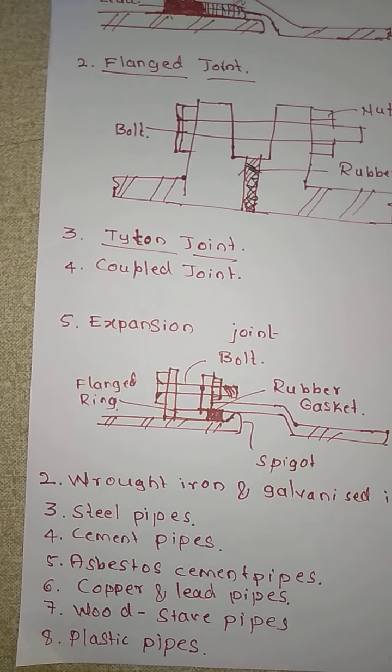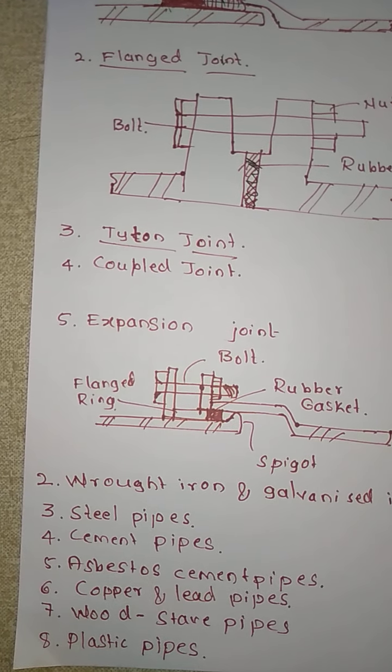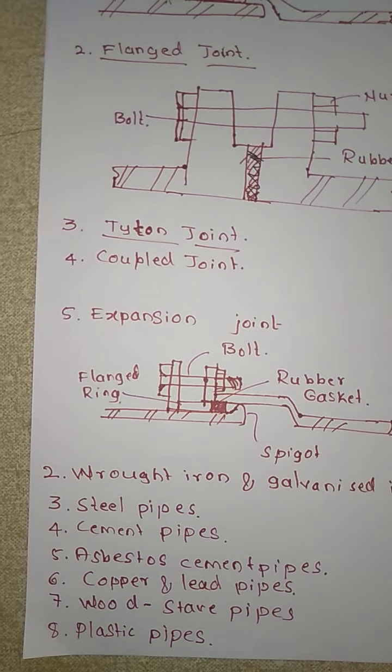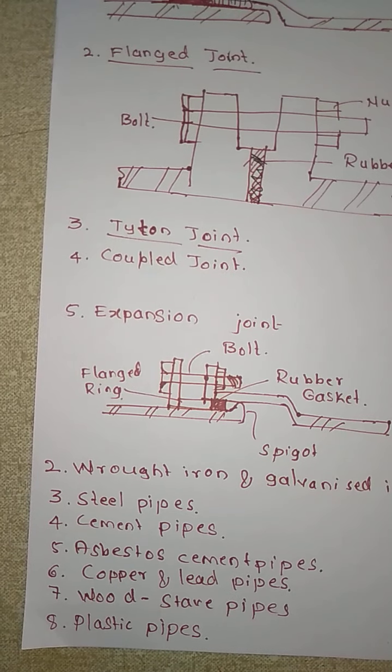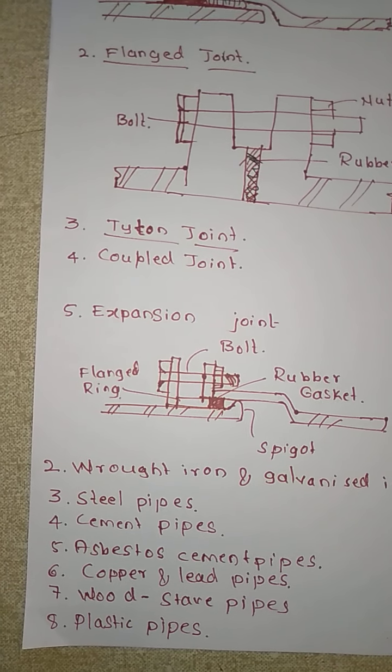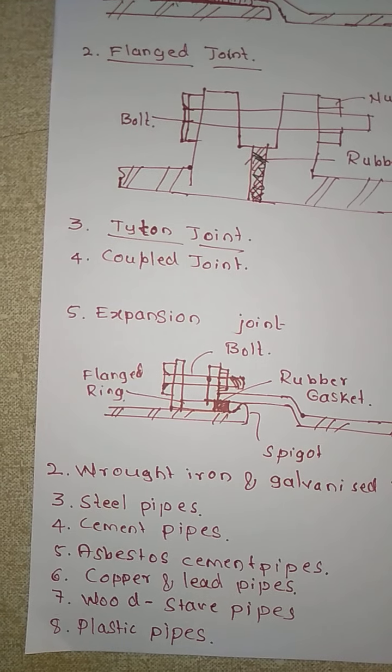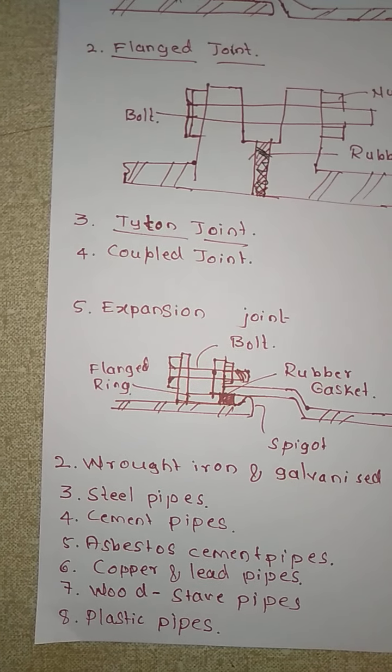These can take tensile and compressive strength of about 200 and 600 kg per centimeter square respectively. That is, in tension they can take 200, and in compression they can take a load of around 600 kg per centimeter square.